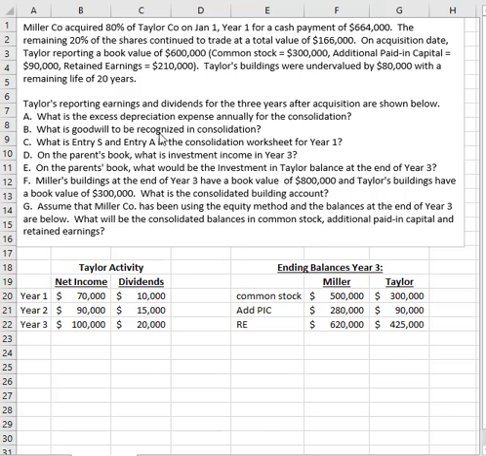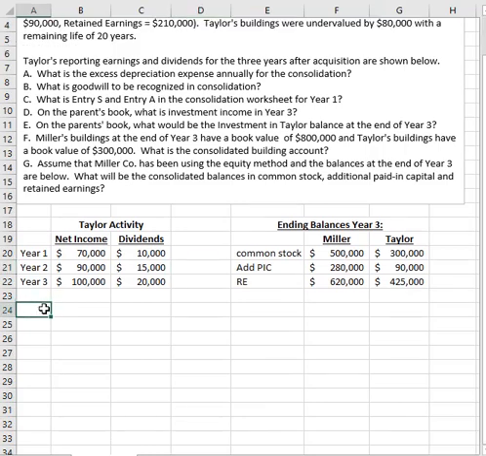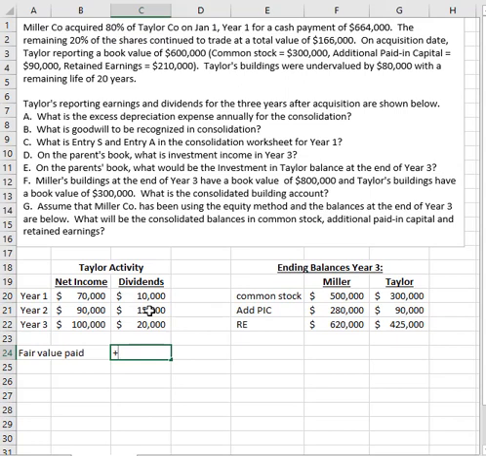What about goodwill? Okay, so now we actually have to do a little schedule here, map out. So the fair value would be that 664 plus the 166. That's the presumed fair value of the whole thing. And then the book value is $600,000, which they give you.